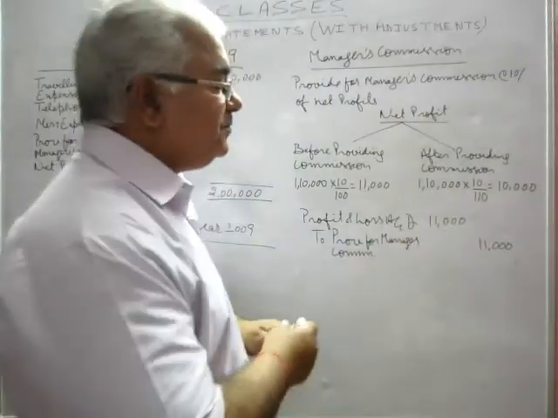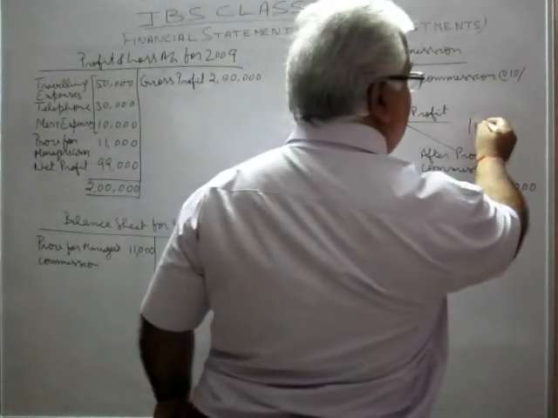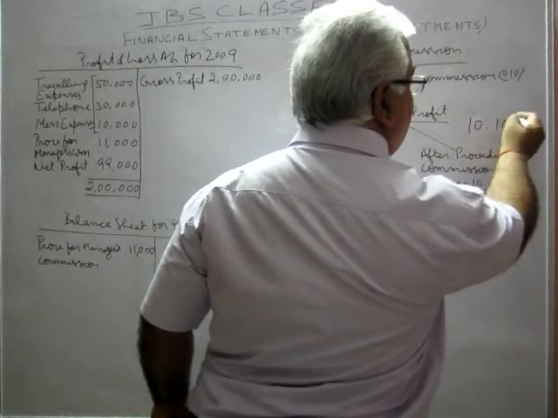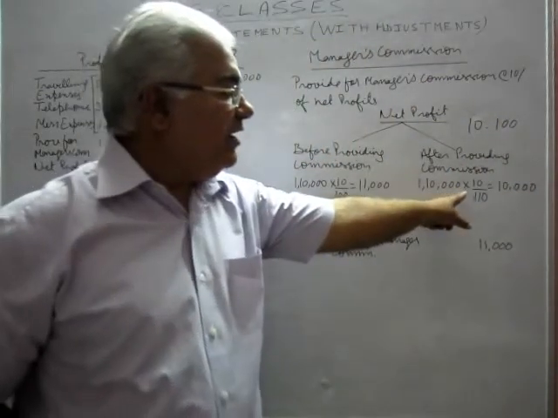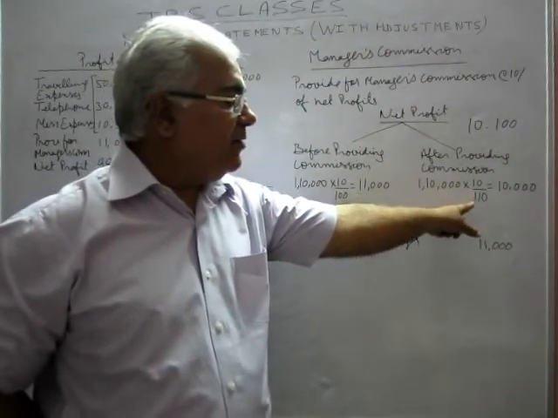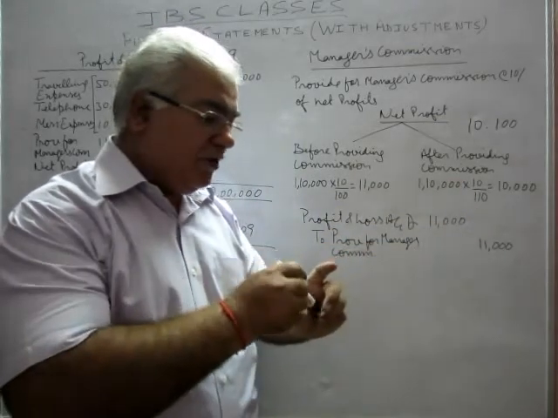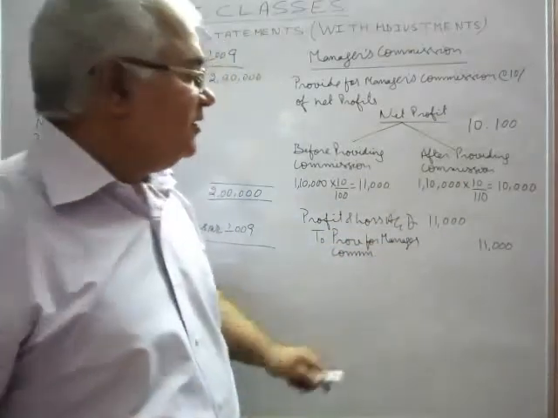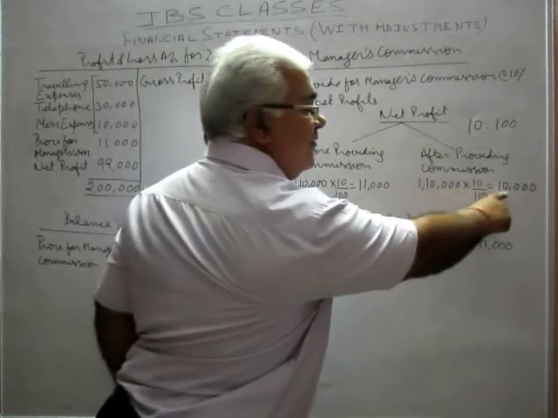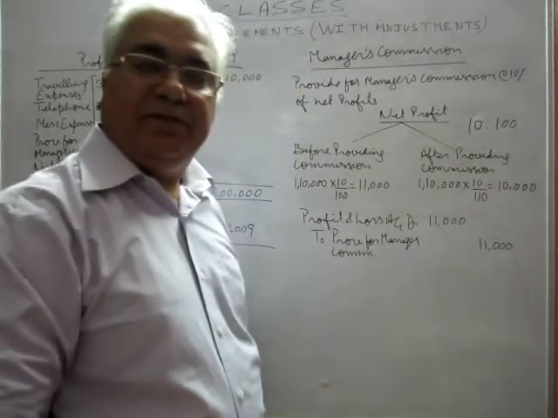The ratio is basically 10 is to 100. That's why we have multiplied this by 10 upon 110. If you notice, in this way, the commission payable will be 10,000.